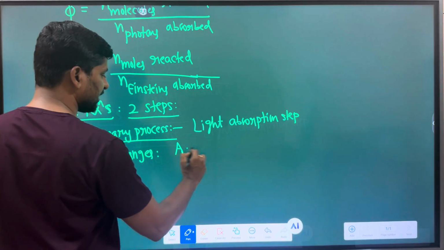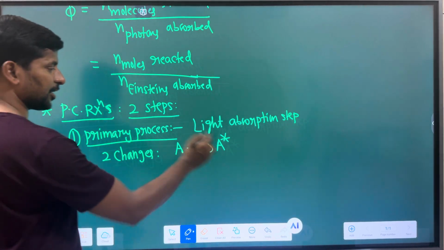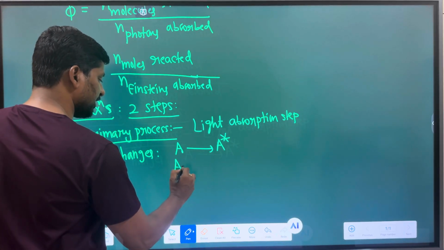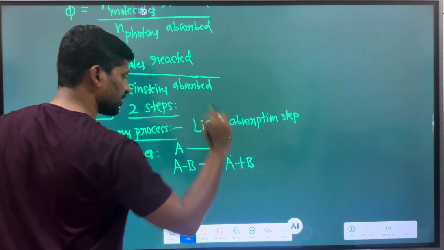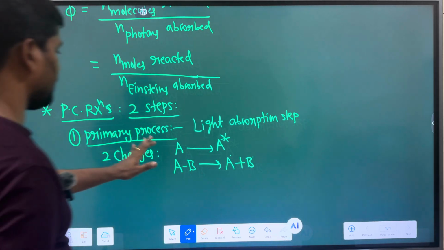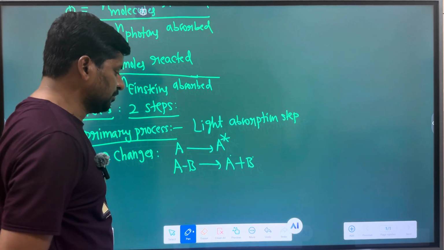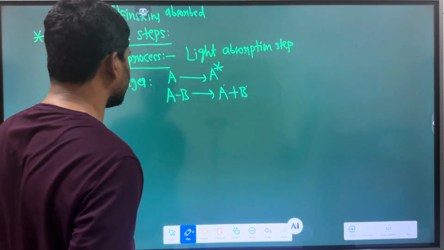One is excitation, giving an excited molecule, and the other is dissociation, that is, decomposition.